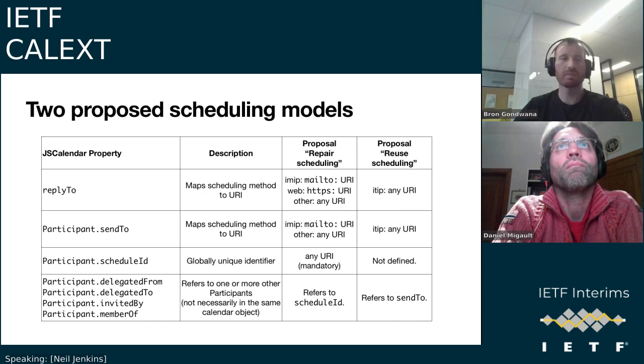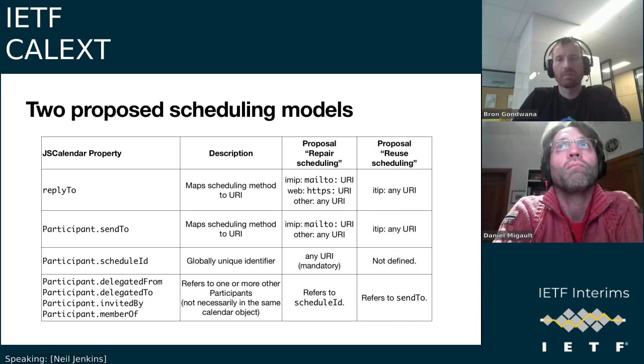So at the moment in JMAP calendars, you've got to iterate through all of the things in the send to and go, do I recognize any of these URIs? And then if so, this one's me. Because one of the key things you have to do in a client is work out which participant is you.